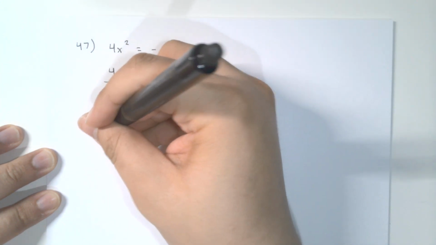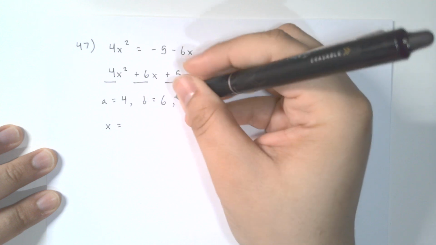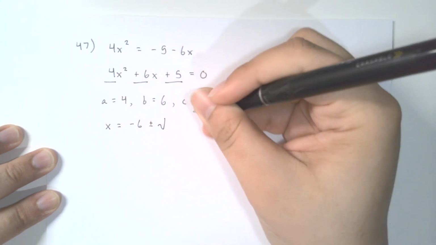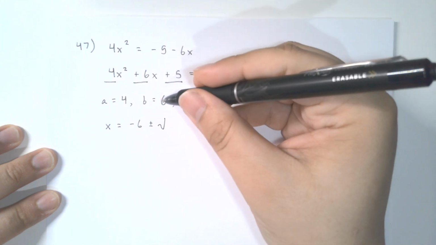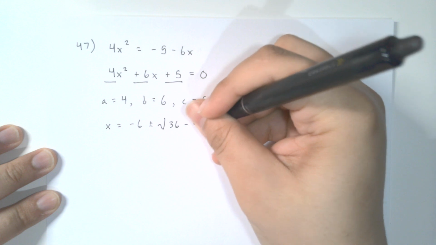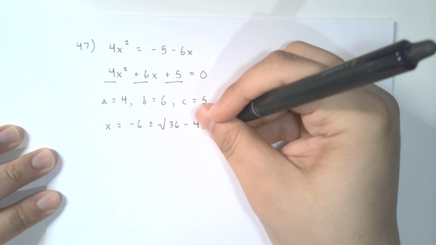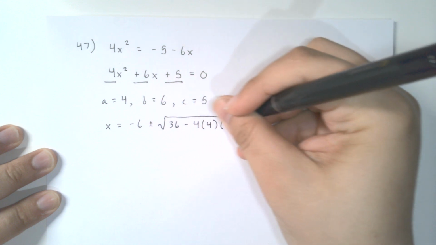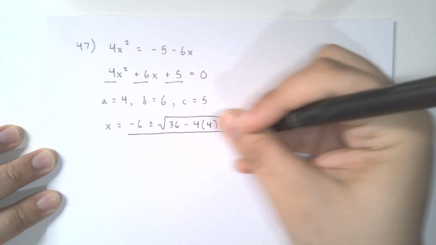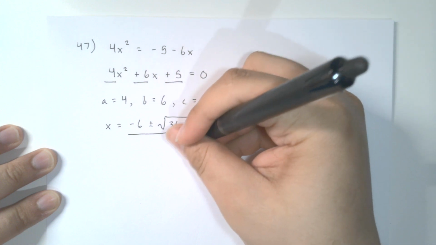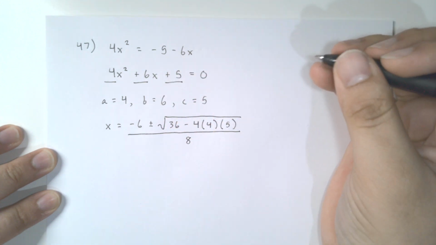Plugging into our formula, we have x is equal to negative b, so negative 6, plus or minus the square root of b squared, so 6 squared, which is 36, minus 4 times a, which is 4, times c, which is 5. All of that over 2a, so a is 4, so we have 2 times 4, which is 8.